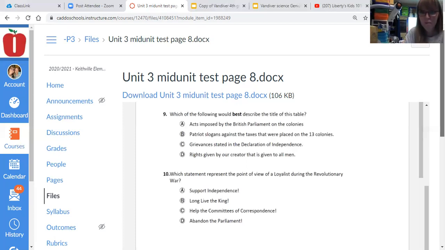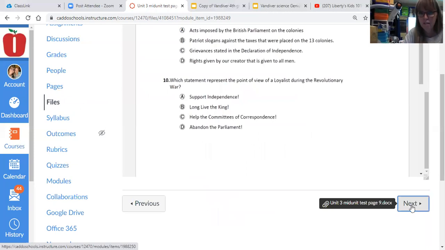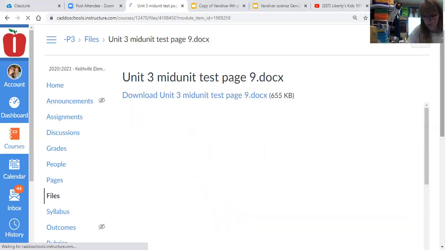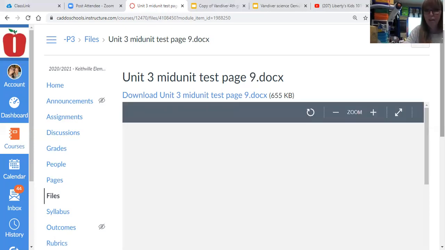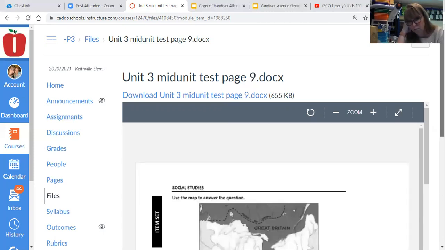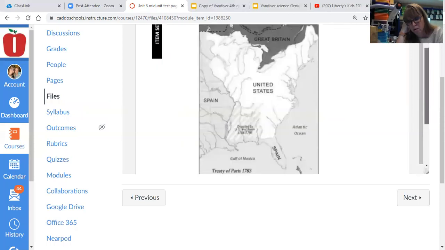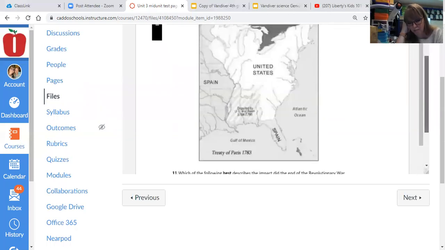Okay, so let's go to the next. We'll now be on page 9, so we can answer number 11. It has a big image, which apparently in Canvas is even harder to see than it is on the paper.